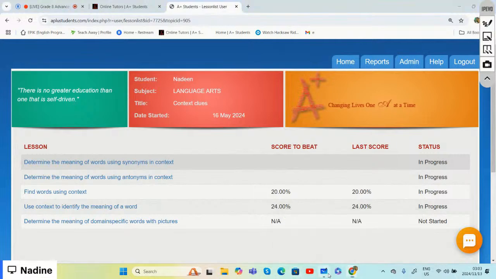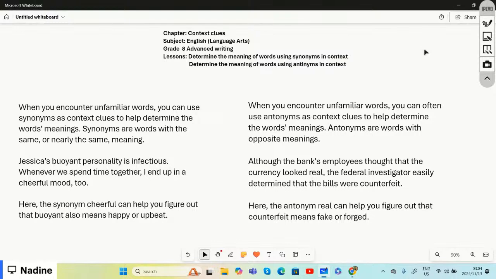All right, so the chapter is context clues. Our subject is English Language Arts. We're doing grade 8, which is advanced writing.